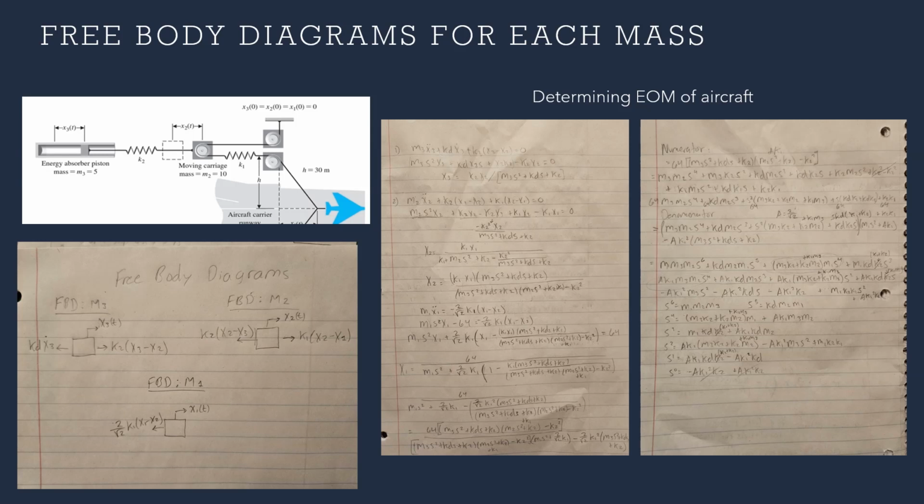As you can see here, the equation of motion is a very long derivation that is just plugging x1, x2, and x3 into the transfer function of the mass of the plane.